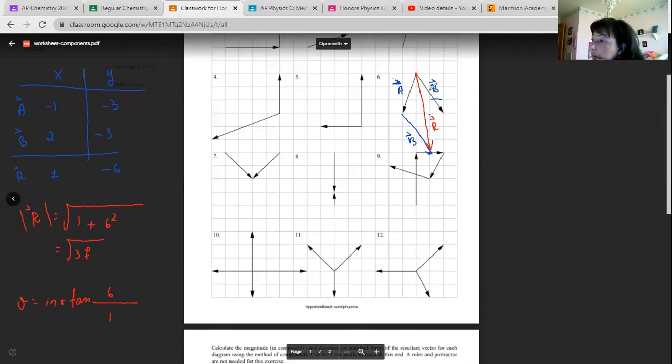So vector that has 1 and -6, so this is the vector, and has 6 for the rise and 1 for the run. Okay, so it's rise over run.